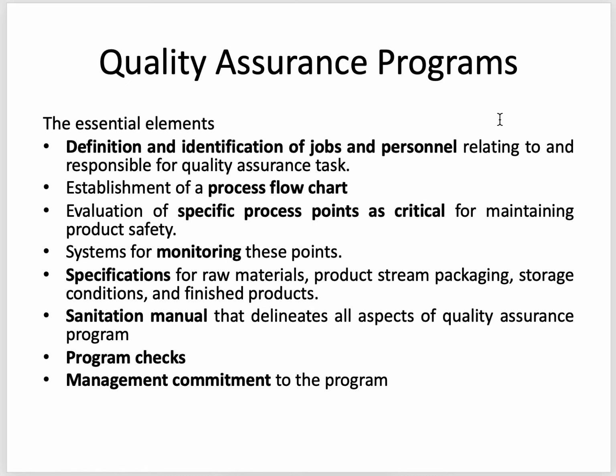Finally, quality assurance programs. So what is a quality assurance program? It is to assure the quality of the food. The essential elements of this program are the definition and identification of jobs and personnel relating to and responsible for quality assurance tasks.